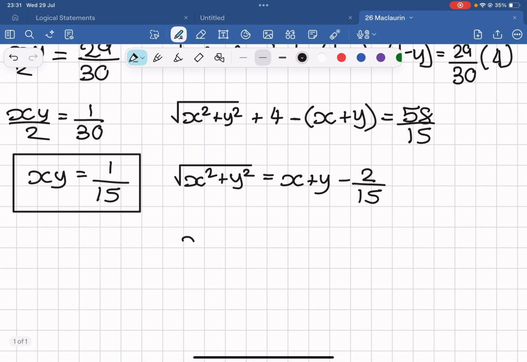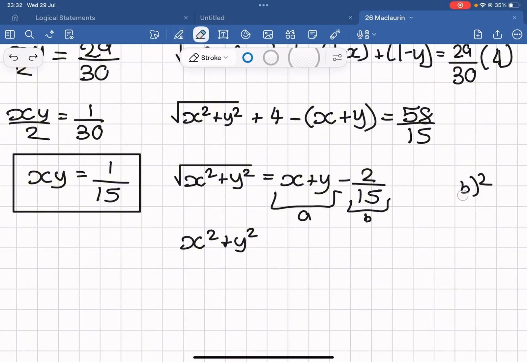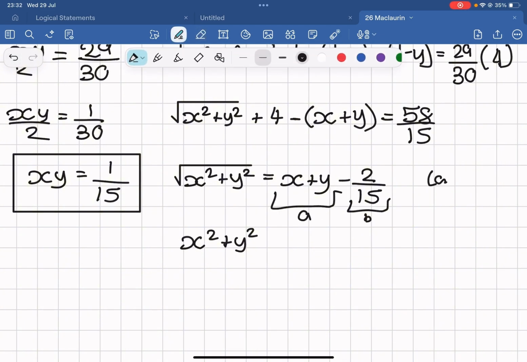Easy. Square both sides, x squared plus y squared. Let's treat this x plus y as a and 2 over 15 as b. So we just have a minus b squared. A minus b squared equals a squared minus 2ab plus b squared.